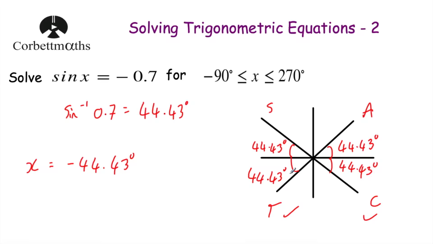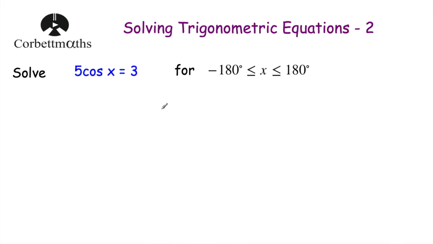So 180 plus 44.43 is equal to 224.43 degrees. And that's it. And we stop there because that's 270. So there are two solutions, that x is negative 44.43 degrees, and we've also got 224.43 degrees. And that's it. Okay, let's have a look at our next question.